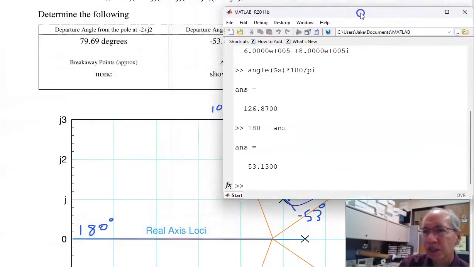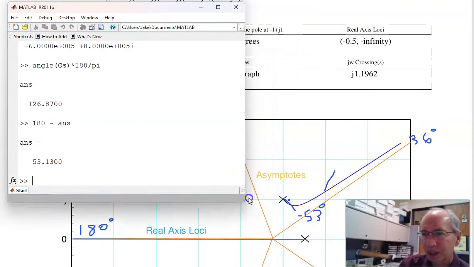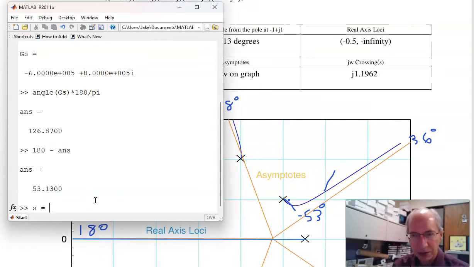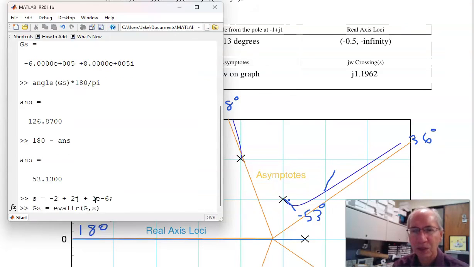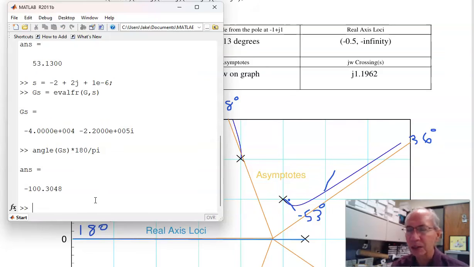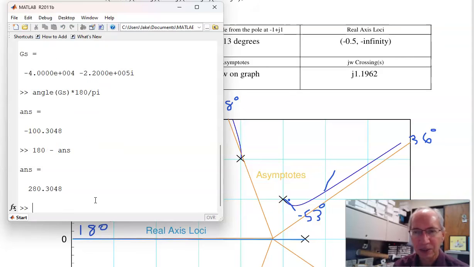Let's repeat for the pole at -2 plus j2. So if s is -2 plus 2j plus 1e-6 plus epsilon, evaluate, find the angle, it's -100 degrees. I want the total to be 180. So I am off by, oops, try that again. 79 degrees.